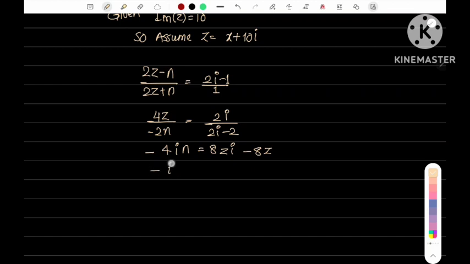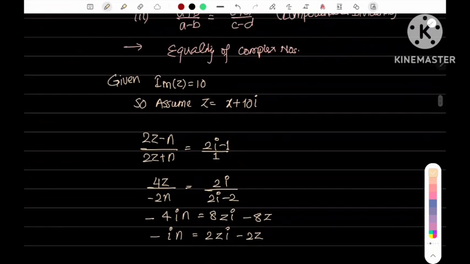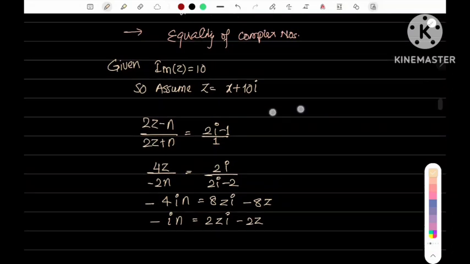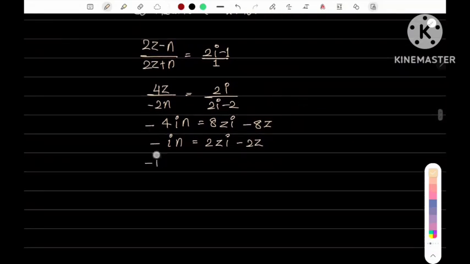This becomes minus in equal to 2zi minus 2z. Let us put z is equal to x plus 10i. This one x plus 10i. So minus in is equal to 2(x plus 10i)i minus 2(x plus 10i). Okay, let us now expand these brackets.